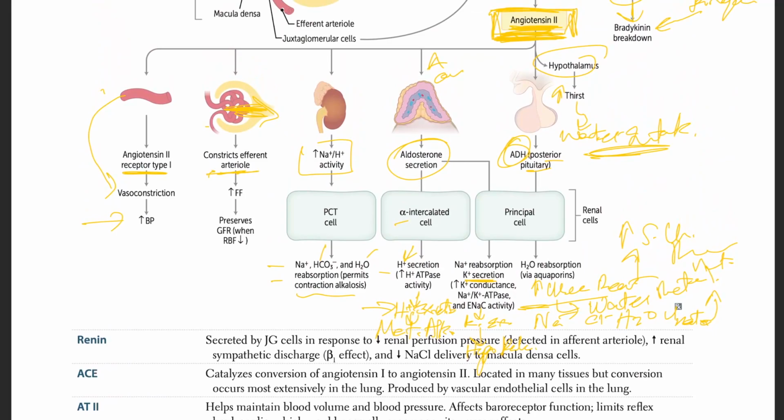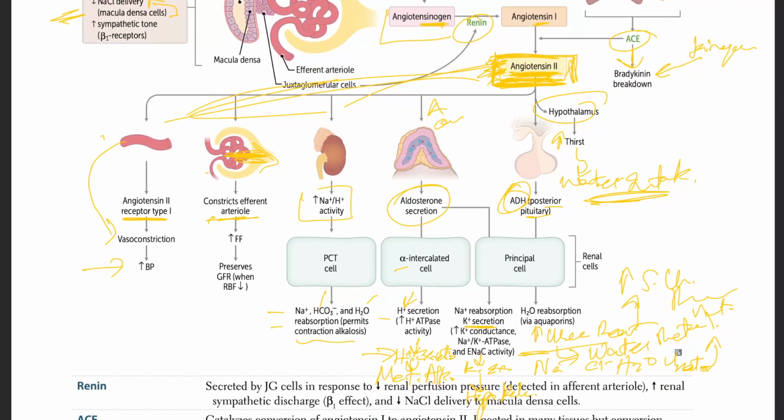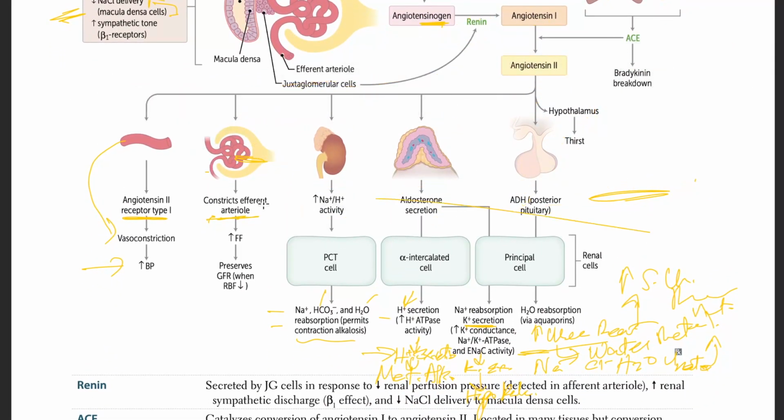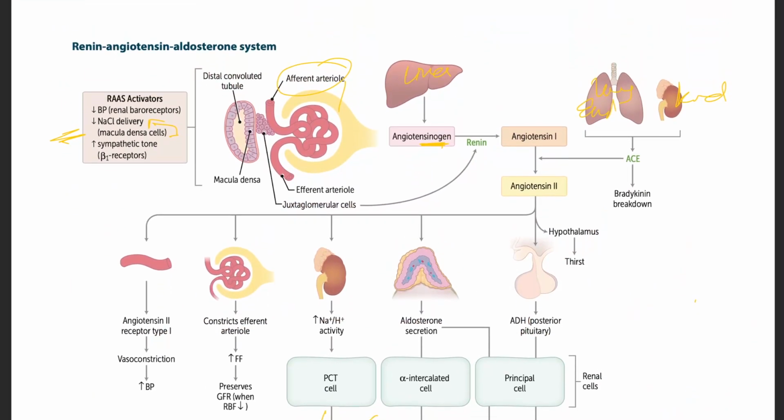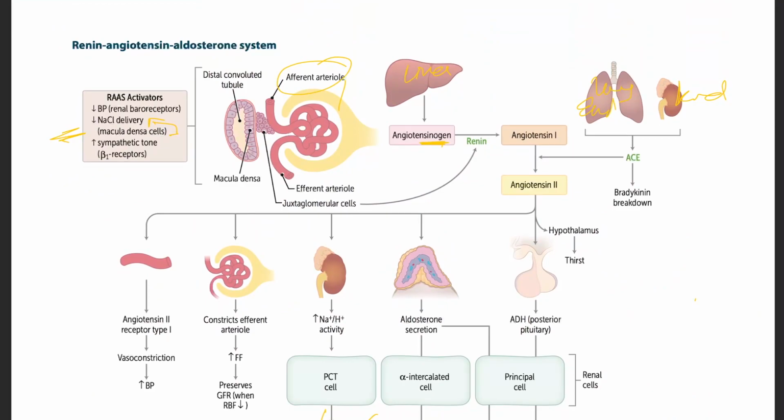So for how long is it going to work? This is stimulating all of these things. But it also has to be canceled out, right? It has to be destroyed, because we want homeostasis for the body. So how are we going to destroy this angiotensin? Well, we have an enzyme called angiotensinase.